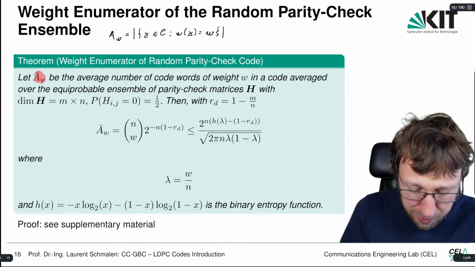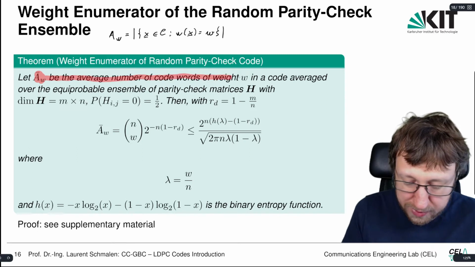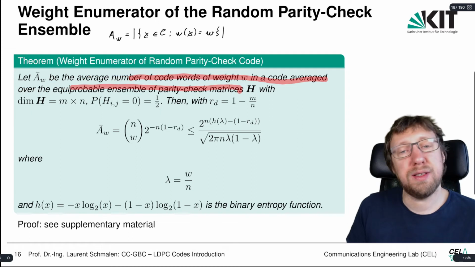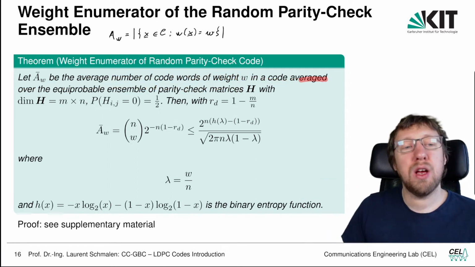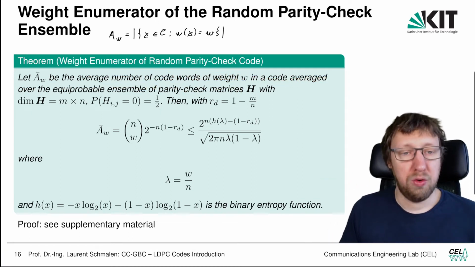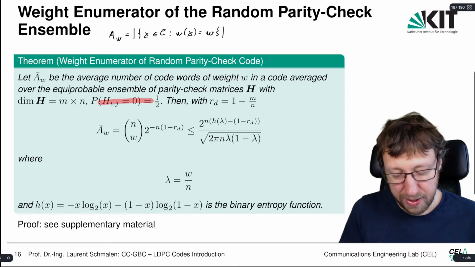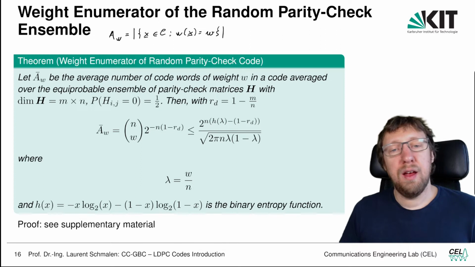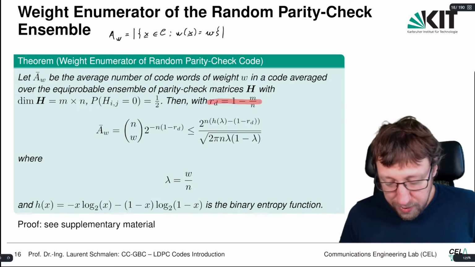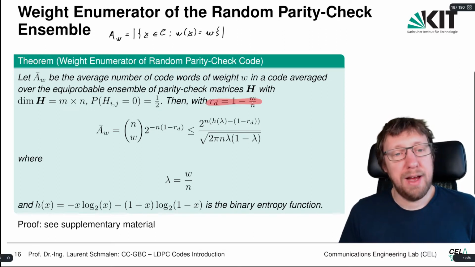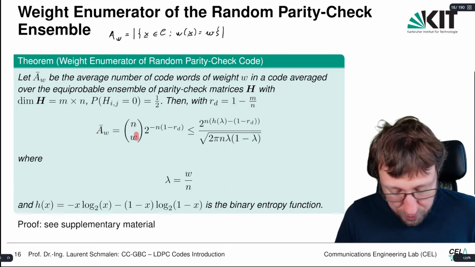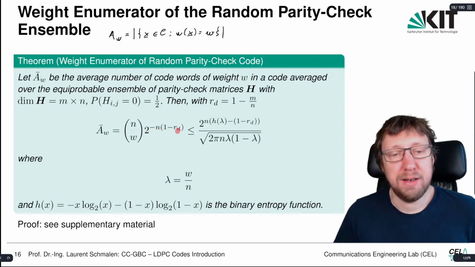So that's A_w, the average number of code words in a code, averaged over all the possible parity-check matrices constructed according to our rule, with the probability that H_ij is equal to 0 being 1/2, and with the design rate R_D equal to 1 minus m over n. The average weight enumerator is n choose w times 2 to the power minus n times 1 minus the design rate.